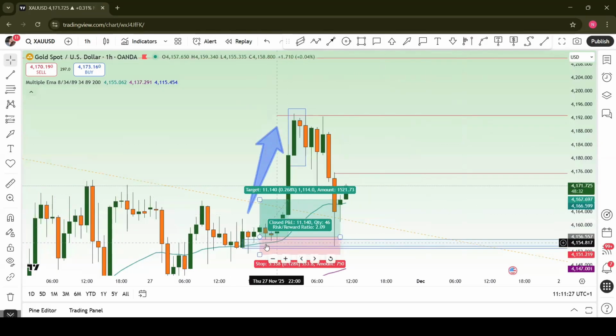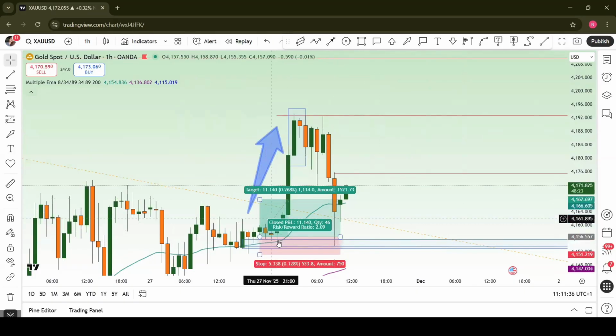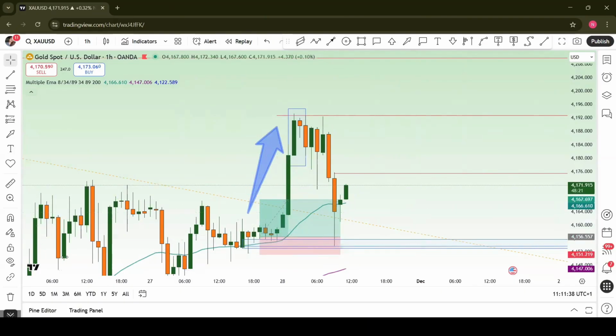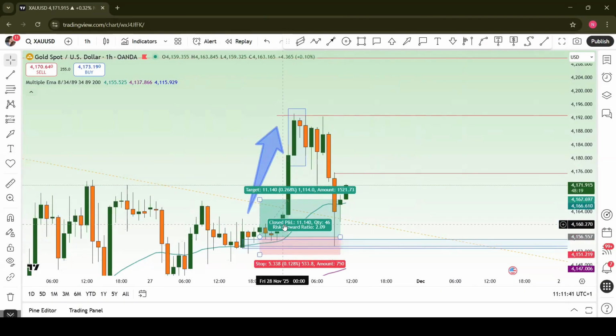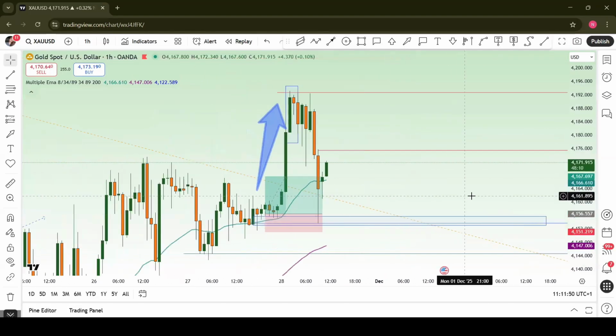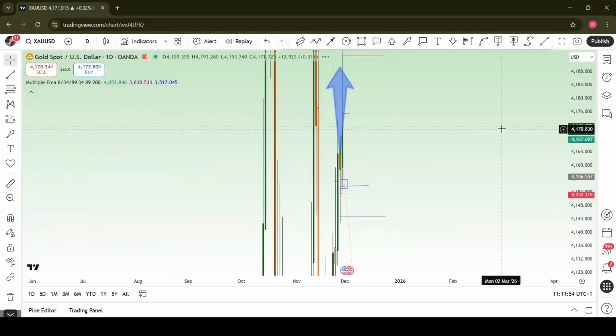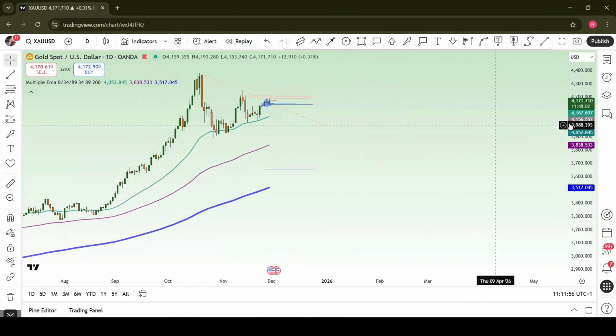There's also an EMA 34 here, and it's acting like a dynamic support zone. As I counted, there are 3 conditions supporting the buy signal. So that is the example for the lesson of this part.